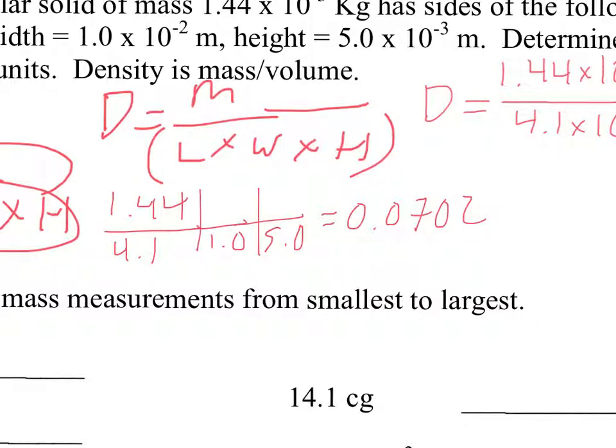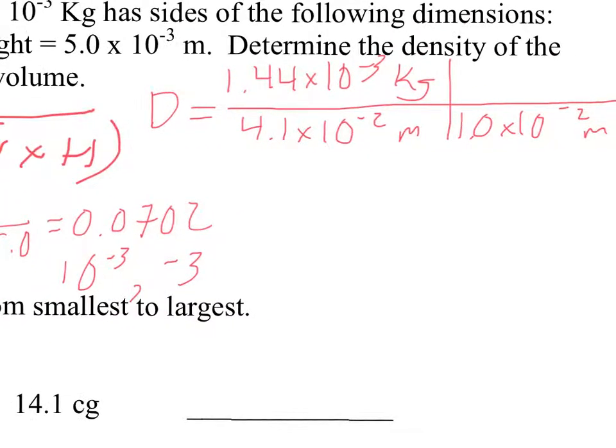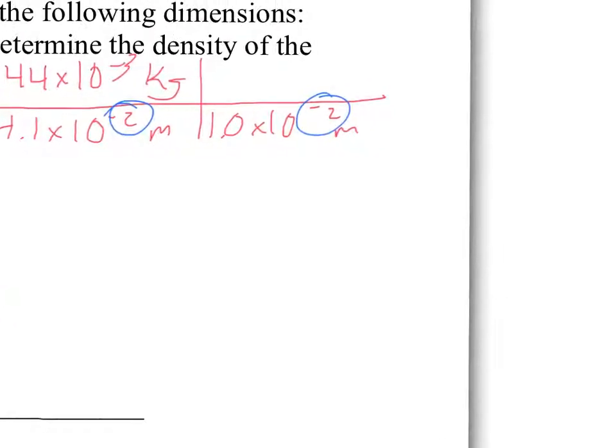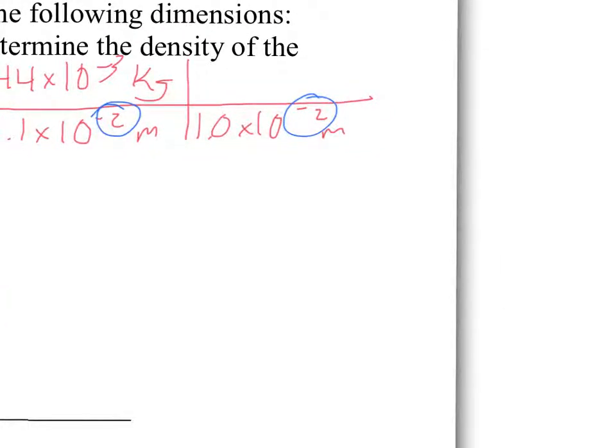Now let's look at those powers. The power on top is 10 to the negative 3. So I'm going to start with negative 3, and then because I'm dividing underneath, this power minus 2, this power minus 2, and where did my other power go?